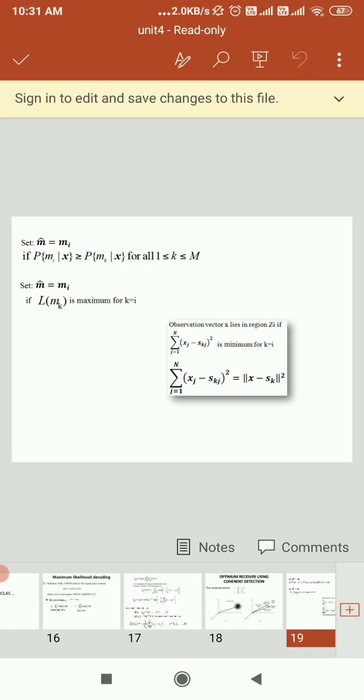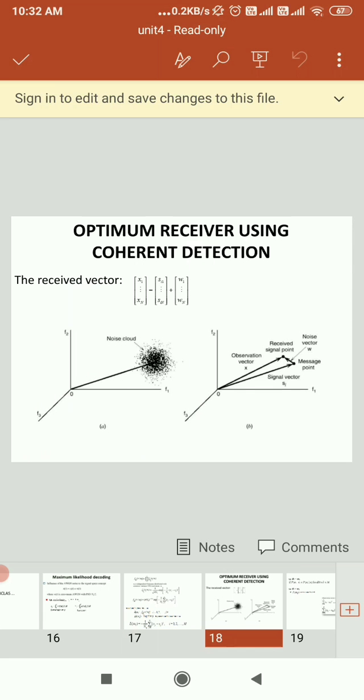You can take R of t or x of t, the received random signal, equal to S of t plus W of t. W of t is nothing but the white noise with zero mean. So in such a case, it will not be possible to detect the transmitted signal correctly. What best can be done is to reduce the probability of error. As we are saying, we cannot detect the transmitted signal correctly because of this noise cloud, so we need to reduce the probability of error in the detection.